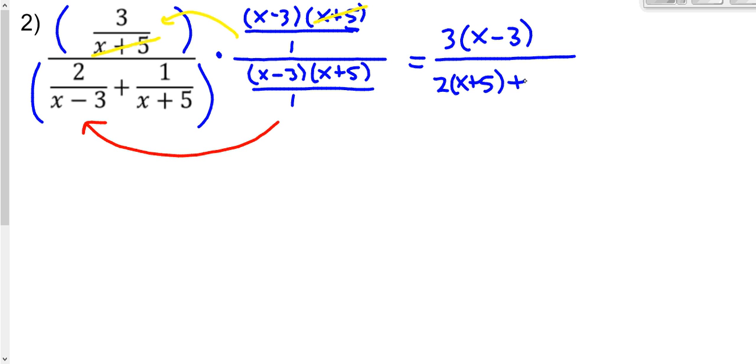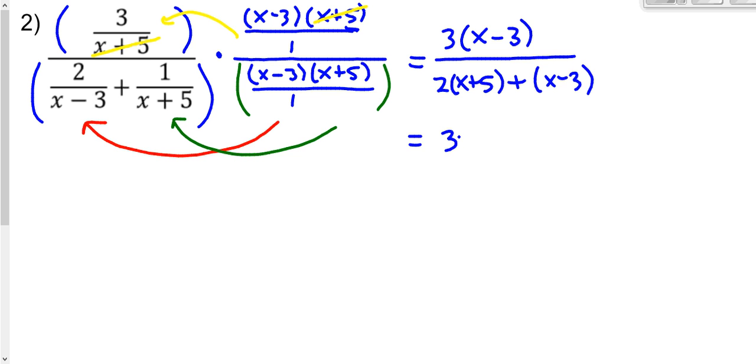Then we have the second fraction. Multiply the x minus 3 times the x plus 5 by the second fraction, and the x plus 5's will cancel, and what we have left is x minus 3. Okay, now what we have is not finished, but it doesn't have any small fractions left in it, so we have made great progress. Now let's see what we can do to simplify.